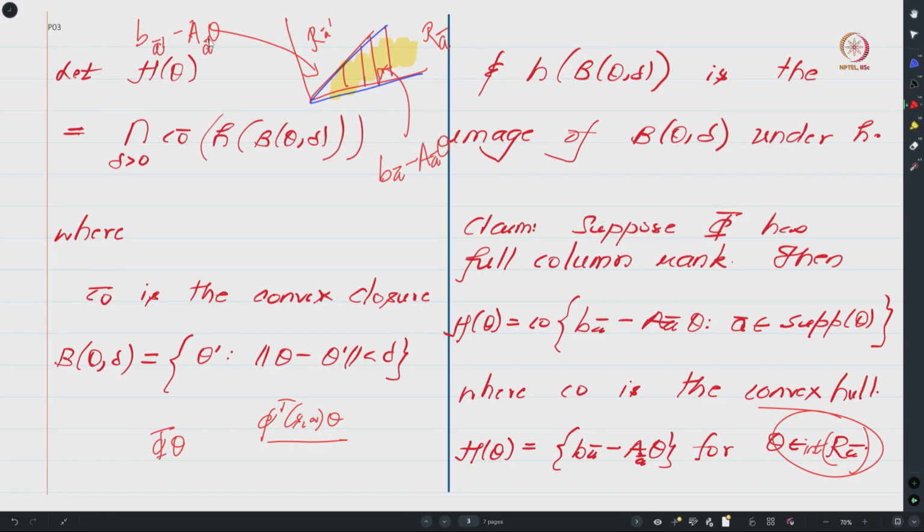So let me write this properly. This will be A bar prime theta, and whenever you are in the interior here, it will be B A bar minus A A bar theta.